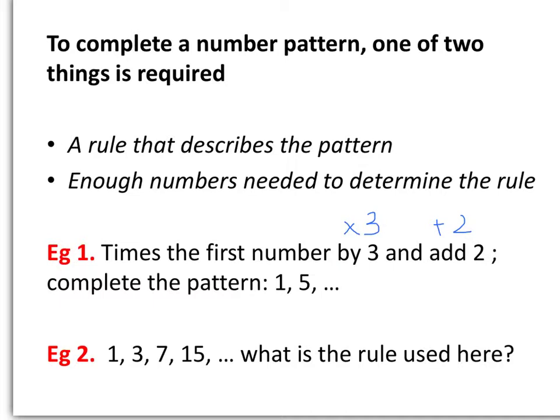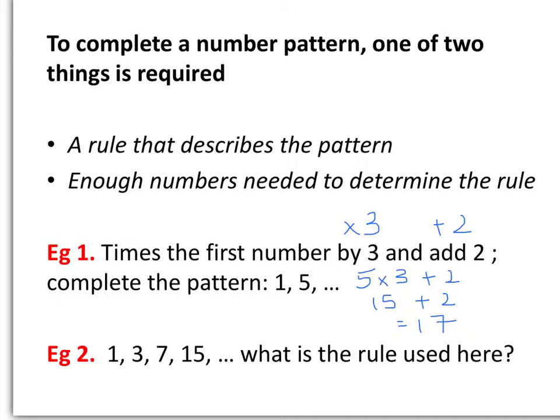So if we were to work out the next number in the pattern, we would do 5 multiplied by 3 plus 2, which gives us 15 plus 2. So the next number in our pattern is 17, and you could continue this on for as many numbers as you liked.